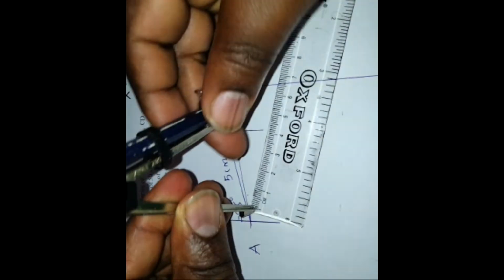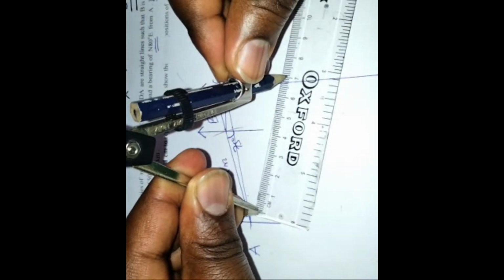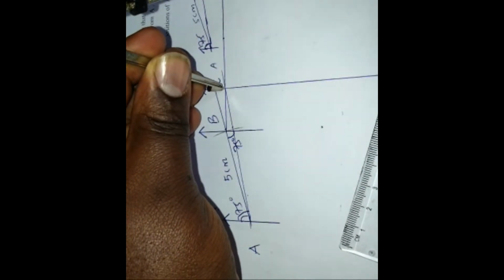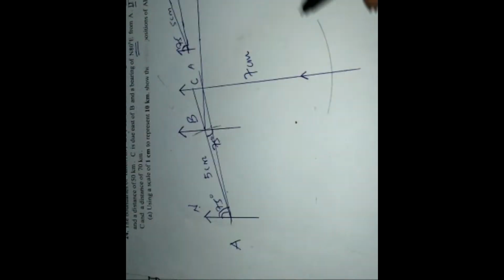So standing at C, this is where 7 centimeters are, for 70. This is the point D.